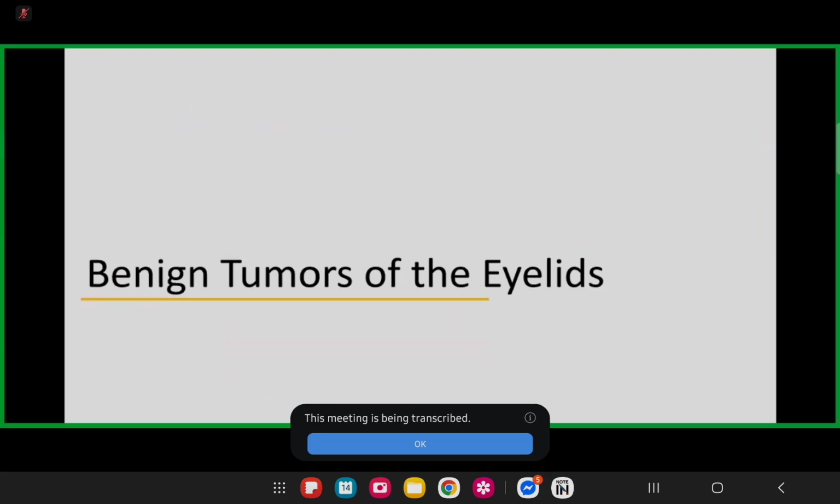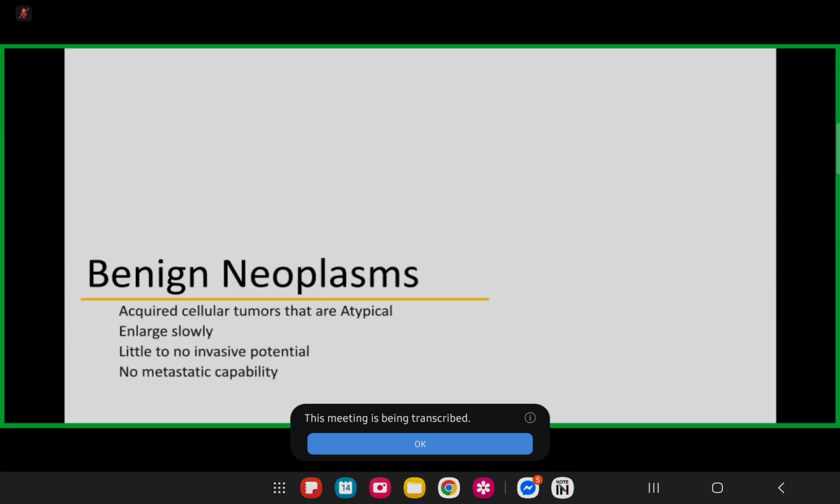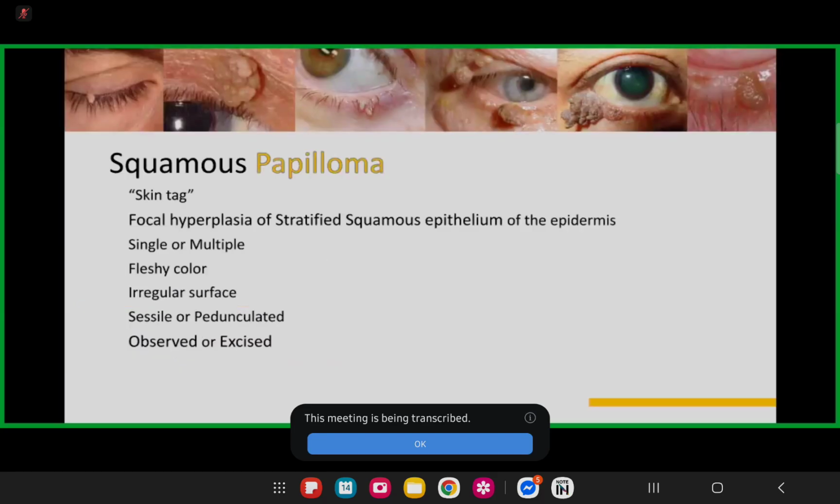So next are benign tumors of your eyelids. Benign tumors are acquired cellular tumors that are atypical. They enlarge slowly, and they have little to no invasive potential. They also have no metastatic capability. One of the common tumors that you would see are your skin tags. Skin tags are, in medical terms, known as squamous papilloma.